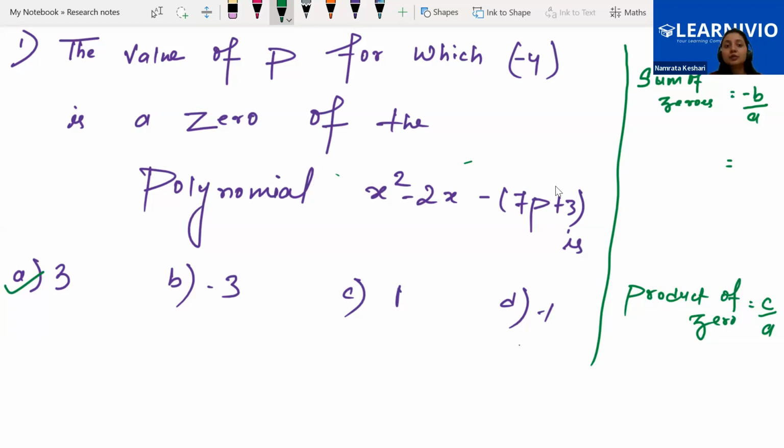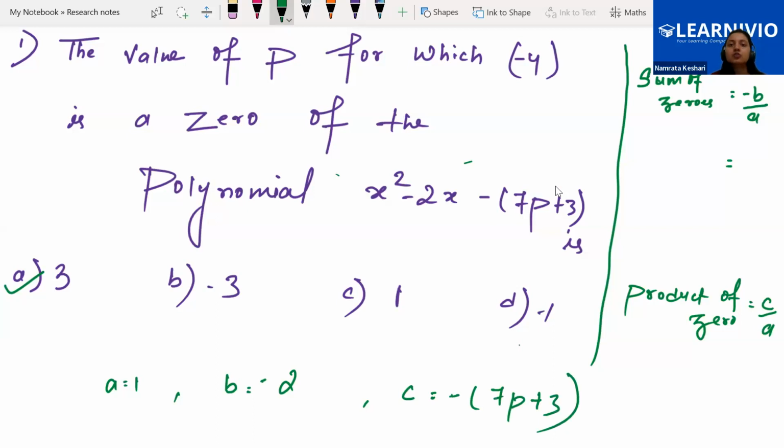Sumaya, Zunaid, Abdul, you have already solved it. A is 1, B is -2, and C is minus 7p plus 3.